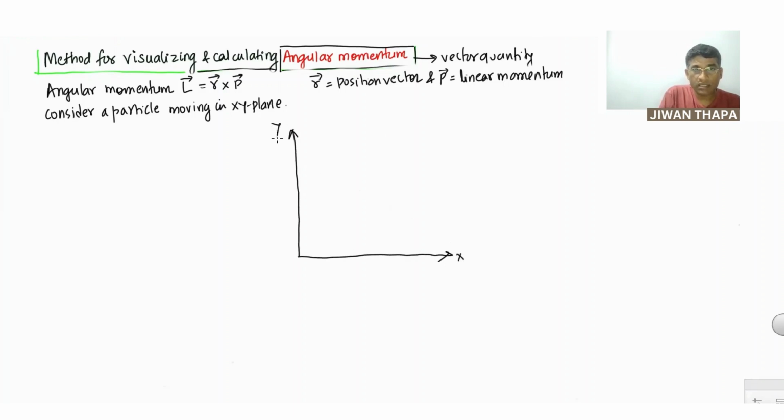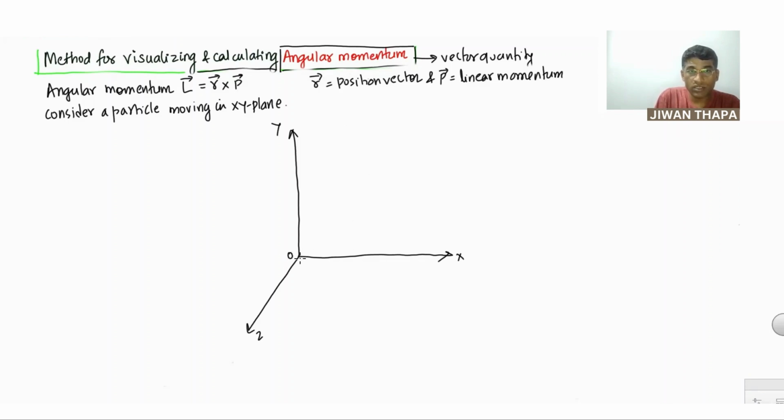This is X, this is Y, and let us take Z axis perpendicular outward to the plane of the board. So I'm taking Z axis, which is perpendicular to the plane of the board and is directed outward. Now, as I said earlier, the particle is moving in XY plane.